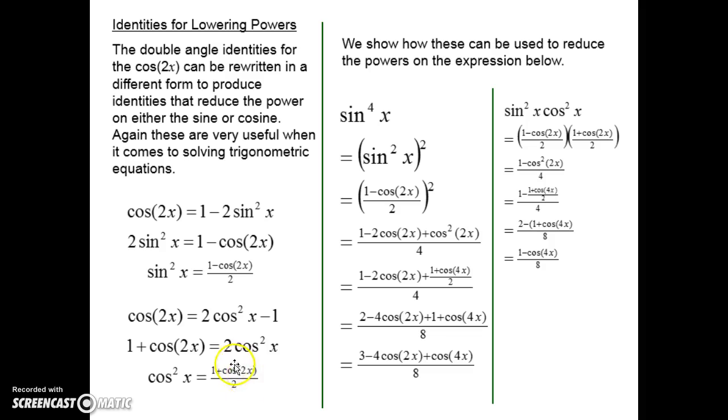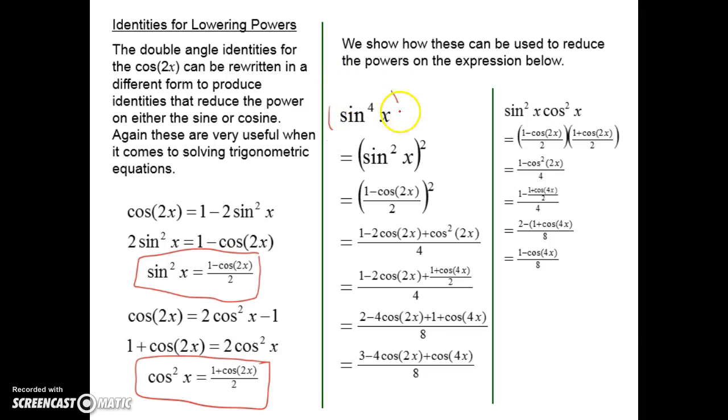So we can do this. Sine squared equals this, cosine squared equals this. Make sure this and this are in your notes. Oh sorry, I do have examples, they're right here.